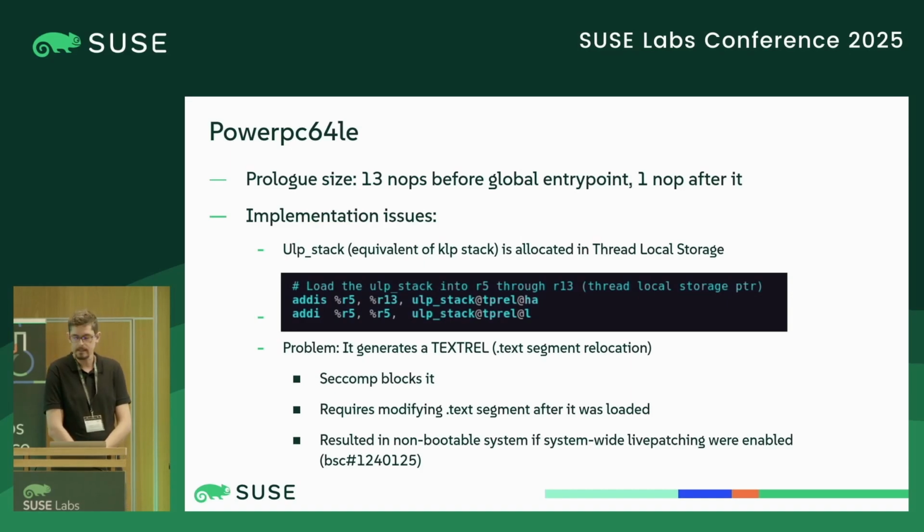But this happens after our program has been loaded. This means modifying the text segments after the program is loaded, which means seccomp blocks it, and we have a system crash. The IBM guys weren't happy with that because it made the system not bootable. So we had to fix it as well.